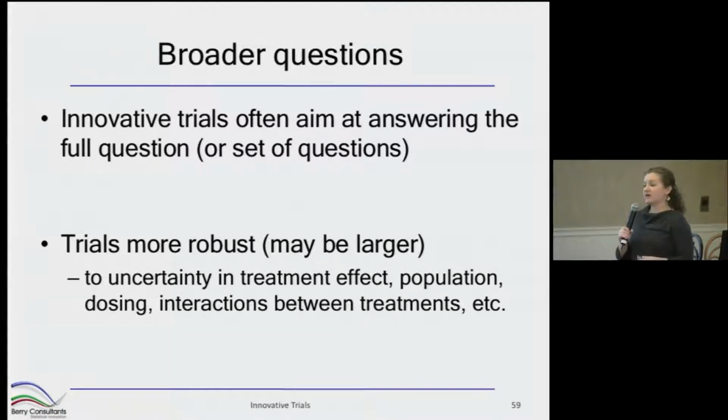So if we can make our trial more robust and look at broader questions, multiple doses, multiple populations, not only does that help with accounting for the uncertainty that we have and maybe giving us some protection against making a wrong assumption, but it also allows us to look for things like interactions between treatments that you don't get to do if you just selected one single treatment.